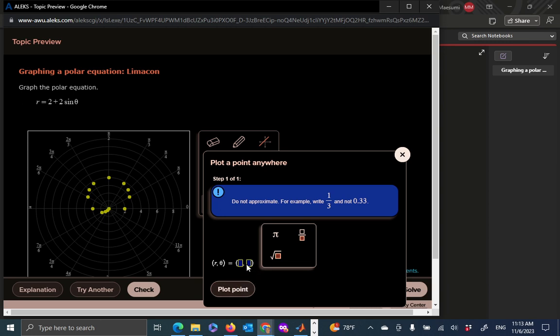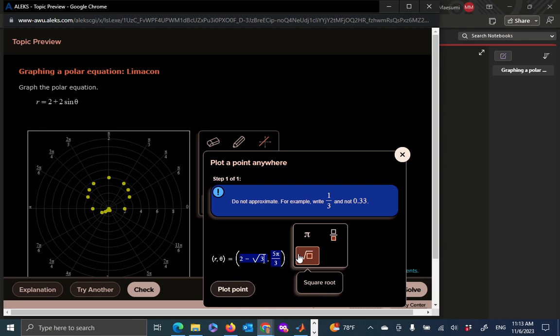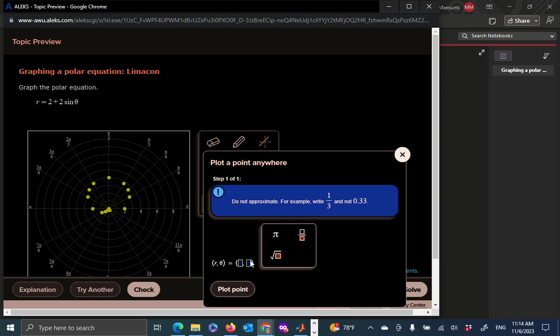Now this is 5 pi third, and I have here 2 minus square root of 3, and then next one is going to be 7 pi over 4, and that is 2 minus radical 2, and then finally I'll have 11 pi over 6, that's like minus pi over 6, and that's going to be 1.